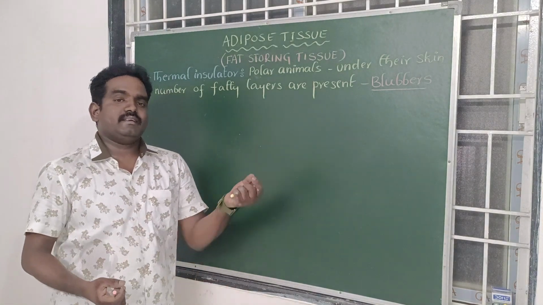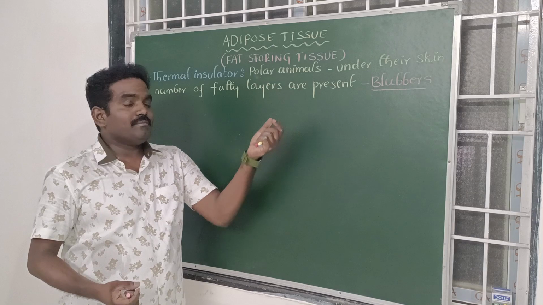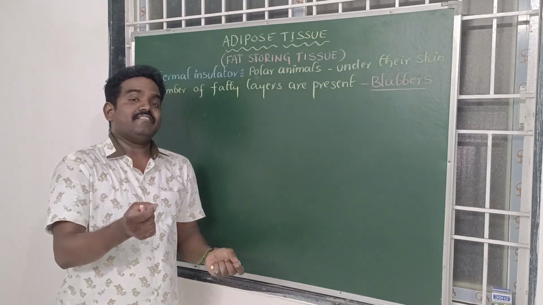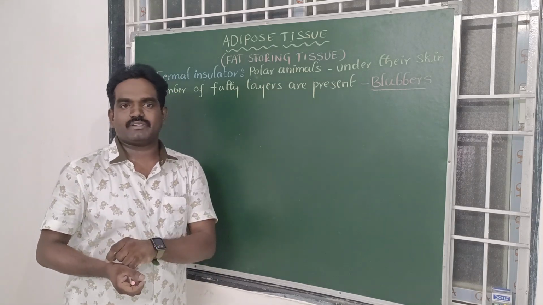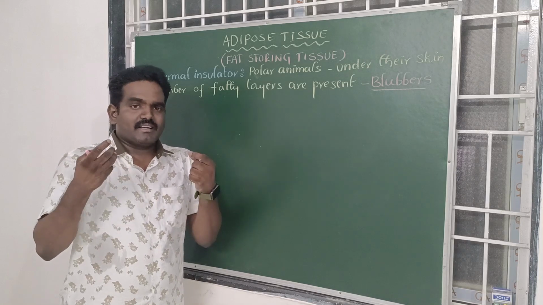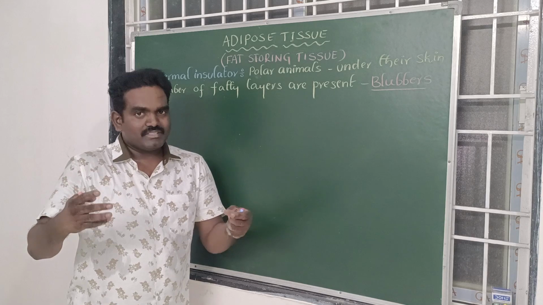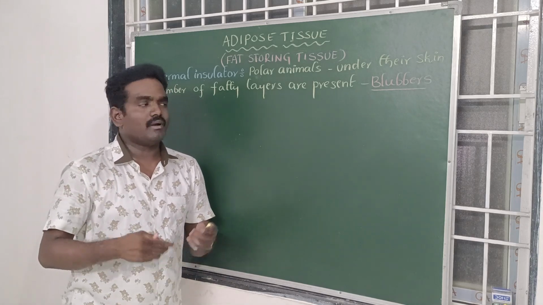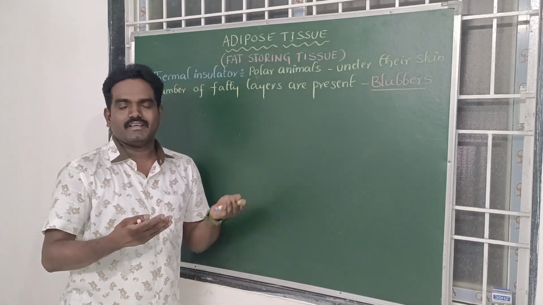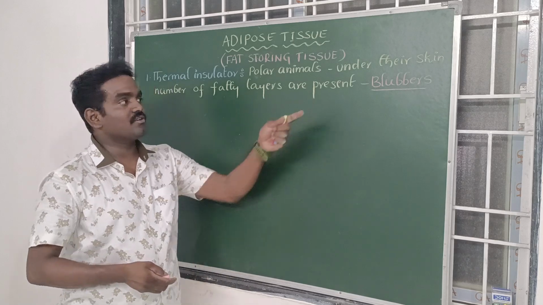So even though these animals are leading their life under minus degrees of temperature, which is not suitable for the growth, development or survival of organisms, how do they manage in that temperature? Because of these blubbers.